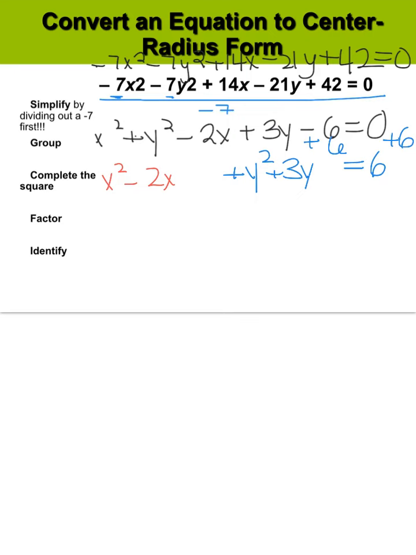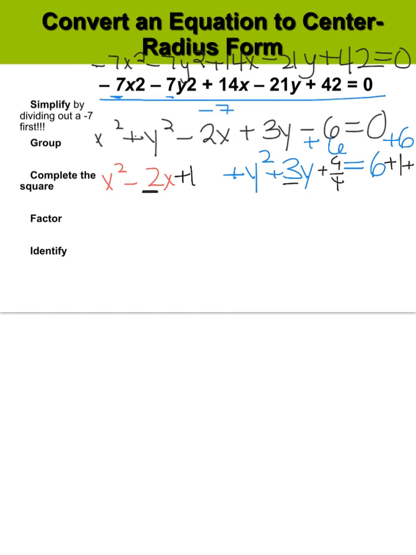So take 1/2 of negative 2, the coefficient of that term. Negative 2 divided in half is a negative 1, which squares to plus 1. What you do to one side, you also have to do to the other, so you're going to add 1 to the 6. Then you look at the coefficient of y, which is a positive 3. Take 1/2 of that, that's 3/2, and square it. That's plus 9/4.